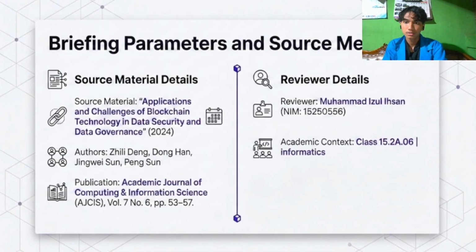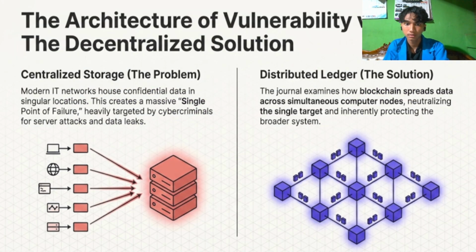After knowing the source information, let's analyze the main problem discussed in this paper by comparing two different storage systems on the next slide. The architecture of vulnerability versus the decentralization solution. First, let's look at the centralized storage as the problem, where modern IT networks house confidential data in singular locations.